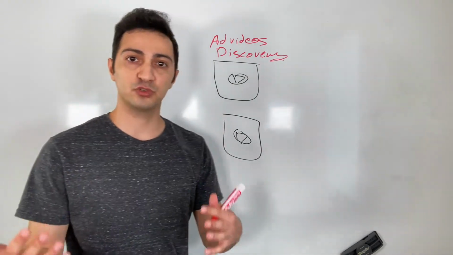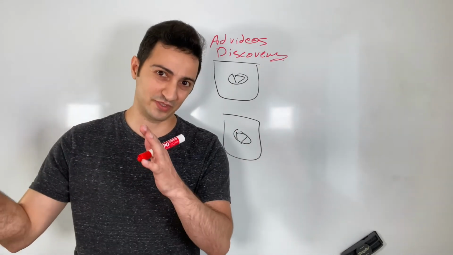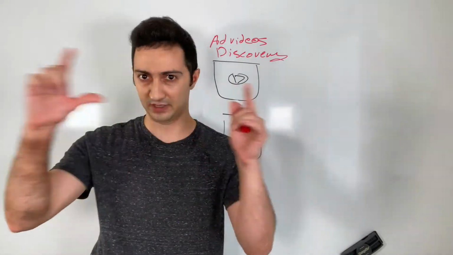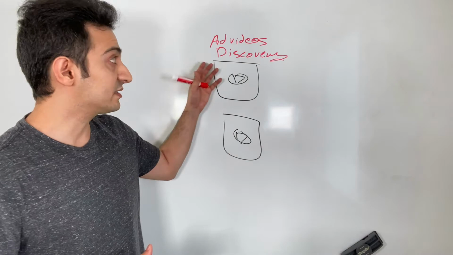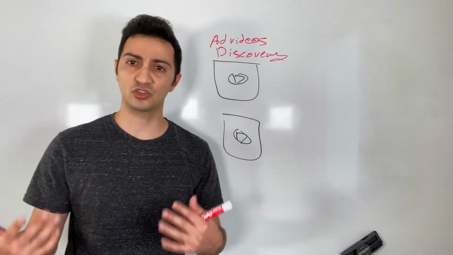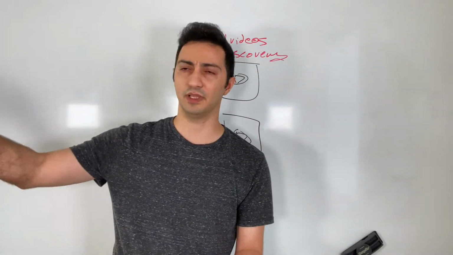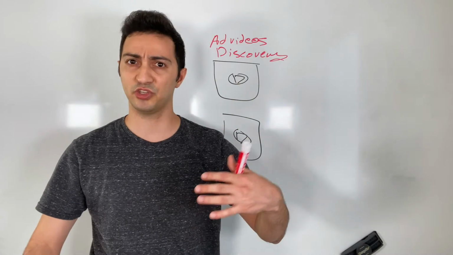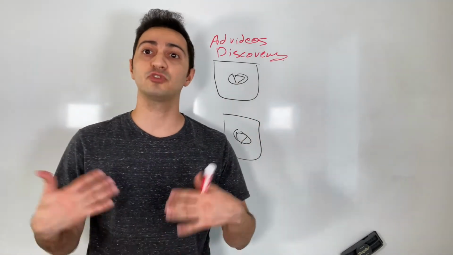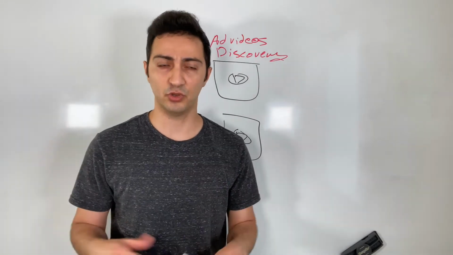One is the in-stream ad. This is the kind of ad that you see in the middle of videos, like when you open a video, the ad shows up. That's what we call in-stream ads. And then the second type is discovery ads. Discovery ads are ads that are not going to show up on a video, but they're in the recommended section or in the search, and people have to choose to click on them to watch them, right? So it doesn't just show up.